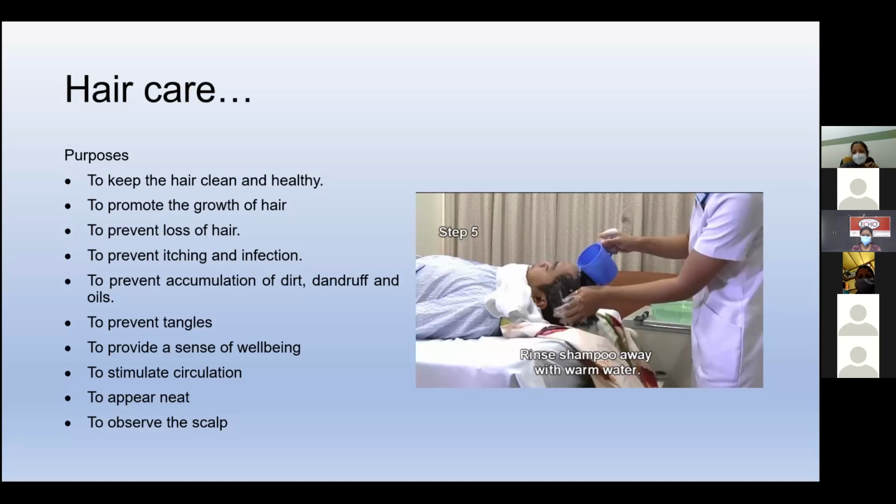So they won't like to cut it off. So always look at the patient's point of view also, and that will help in removing itching and infection and all the purposes. I need not tell you each and everything, right? So neatness will also be there, right?